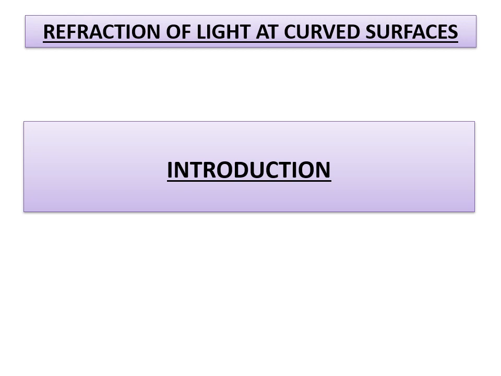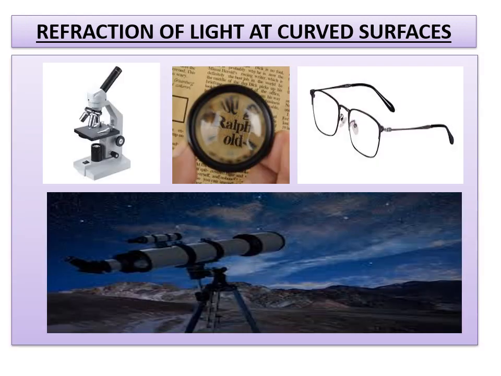So we have to go with the lesson refraction of light at curved surfaces. A lens plays a very important role in everyday life. Lenses are used in making spectacles, cameras, microscopes, telescopes, film projectors, and many other optical instruments. Already we have studied the working of a mirror based on the reflection of light rays from its surface.